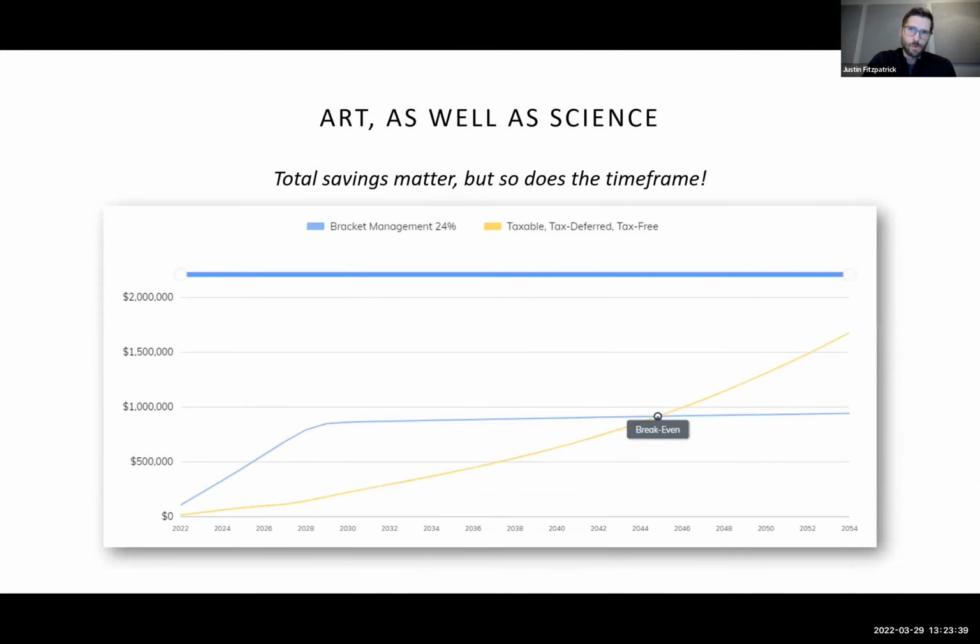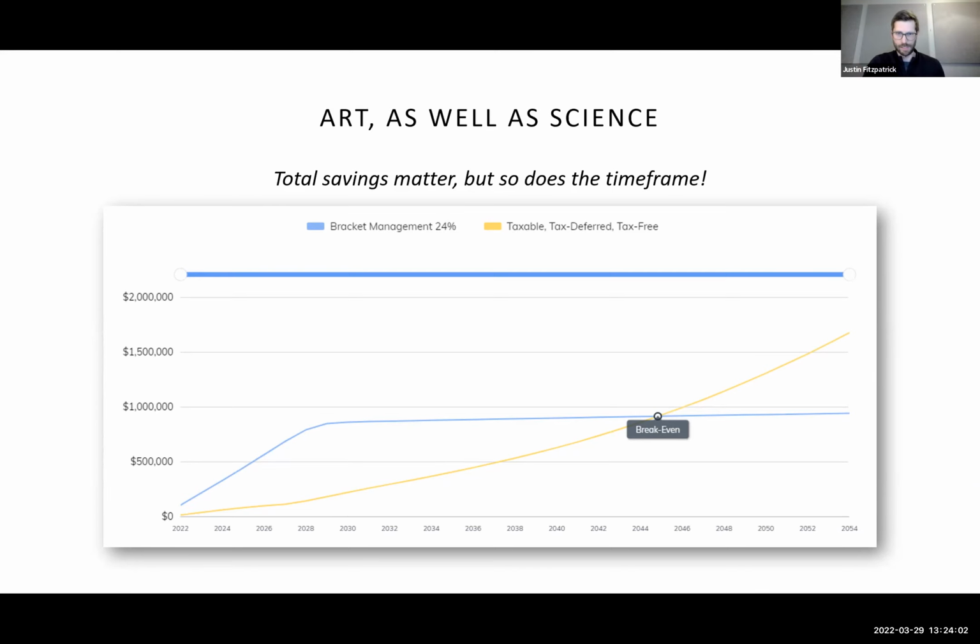There's another sense in which this is a little bit of an art, not just a science, and that's that although total savings certainly matter in the statistics that we saw, so does the time frame. And so we have this break-even visualization, which is just the cumulative estimated taxes over time and the point at which those cross.